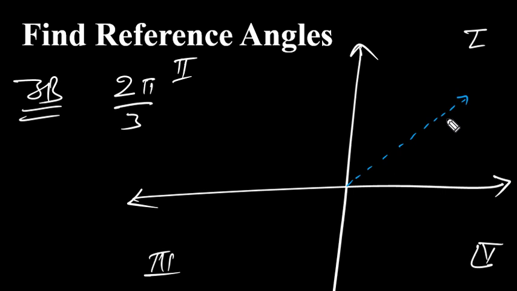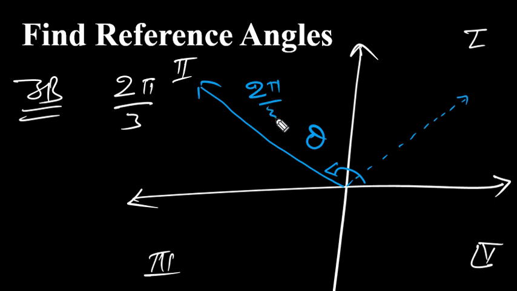Pi over 3 is 60 degrees, and this is 2 times. So 2 times 60 will be 120. So 2 pi over 3 is 120 degrees, and that will be here. This is the theta angle, this is 2 pi over 3.